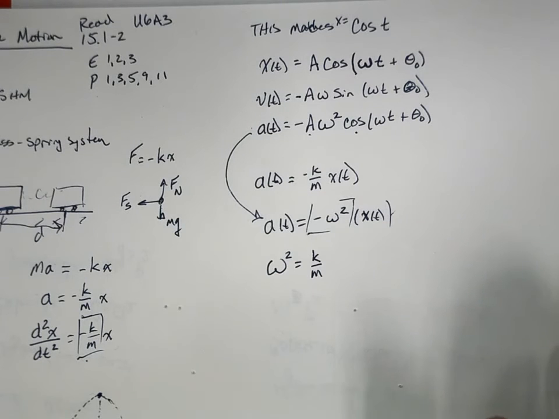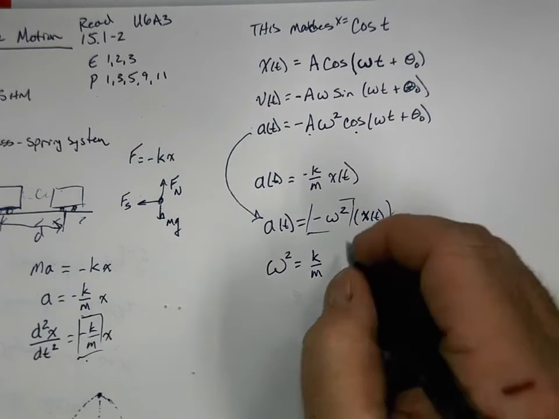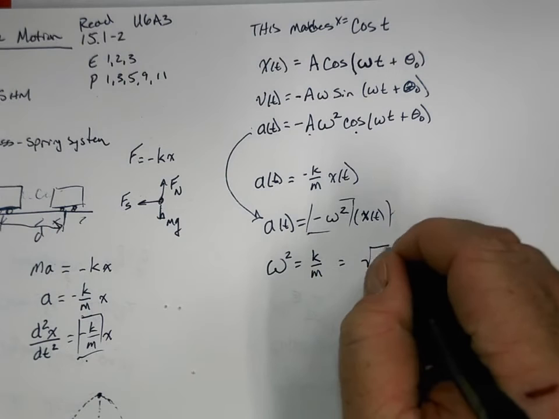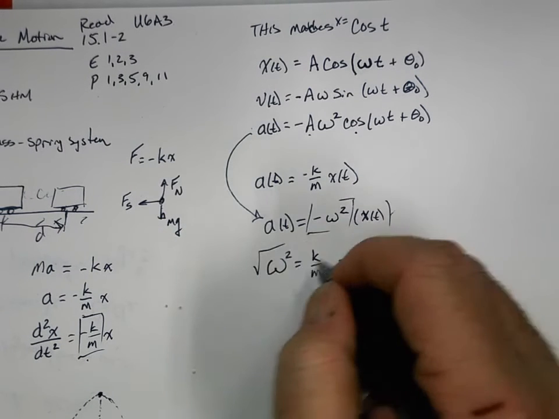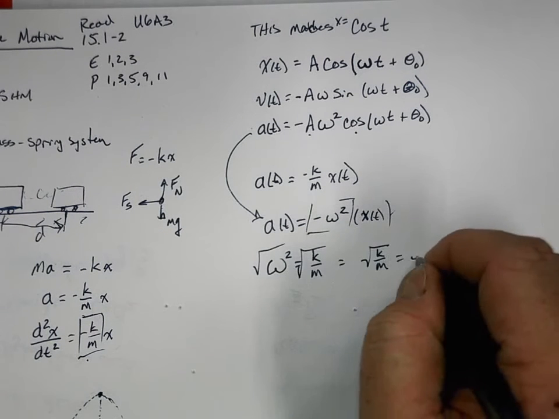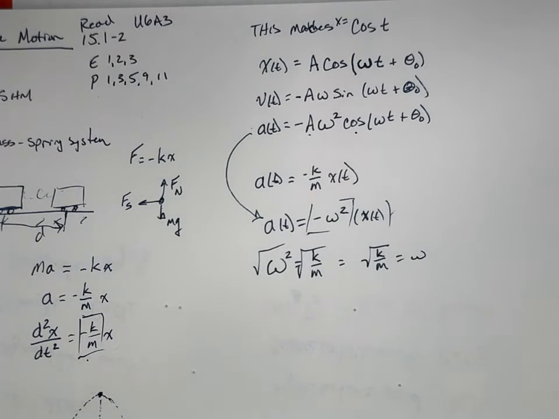So the angular frequency of our oscillation is equal to the square root of our spring constant divided by the mass of the object.